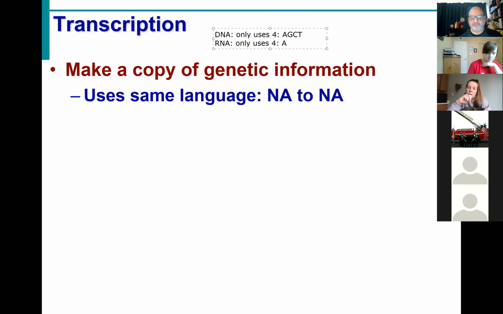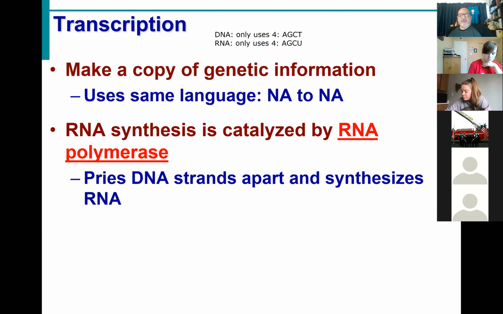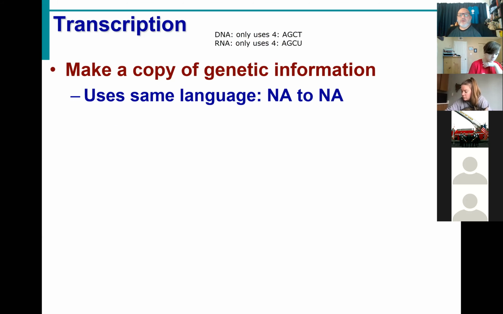So it also uses A, it also uses G, it also uses C, but remember it uses uracil instead of thymine. The advantage of this, let's say it this way, is we can still use our complementary base pair rules.